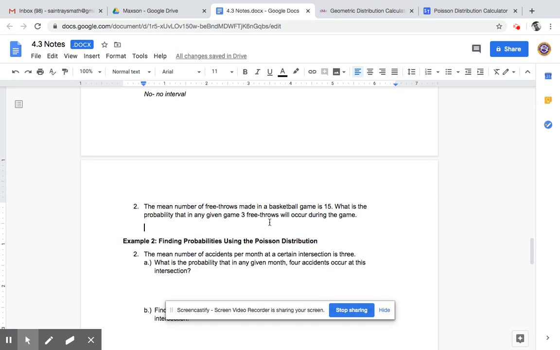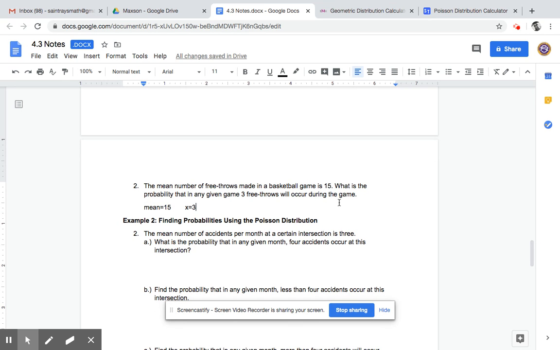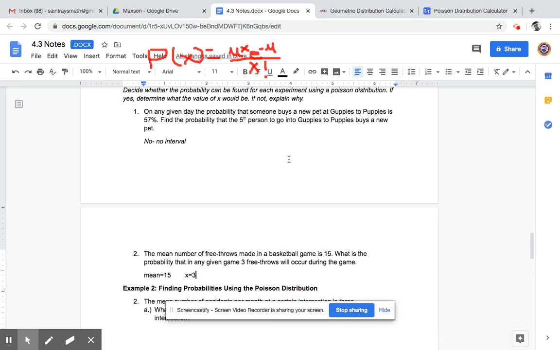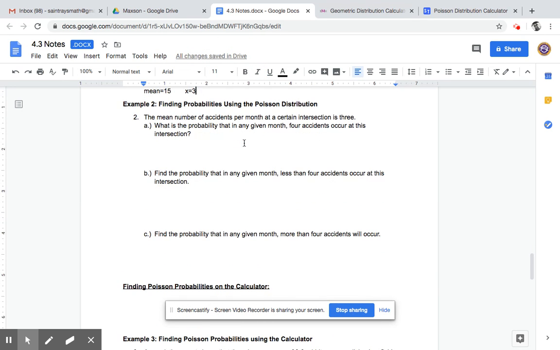So the average number of free throws made in the basketball game is 15. So here our mean, or mu value, is 15. That is our average. And then in any given game, 3 free throws will occur during the game. So x equals 3. So that "during the game" is an important piece that says we use Poisson for this. Like number 1, you would use a binomial or something like that.